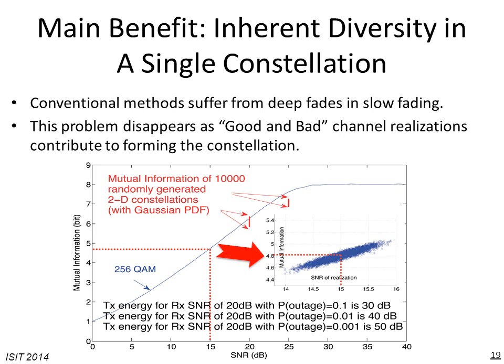In the curve that we see here, the x-axis is the signal to noise ratio and the y-axis is the mutual information. The blue curve corresponds to the mutual information of a 256 QAM with the transmit energy resulting in the signal to noise ratio shown on the x-axis.